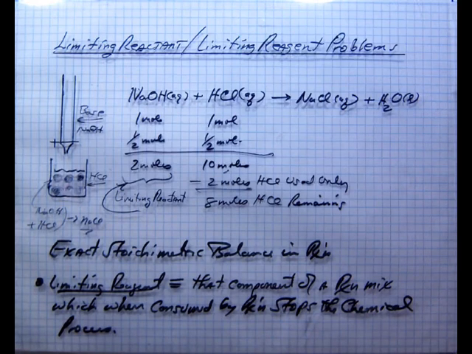So you will always have an excess of the other component. The one that goes away first is the limiting reactant.